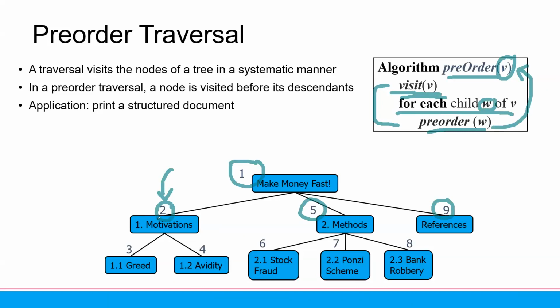Now it will visit the number 2, and then we will check again for every child. For every child, here is the first child. Then again we will do pre-order. When we do pre-order, we will again visit. After we finish, we will check, is there any child?